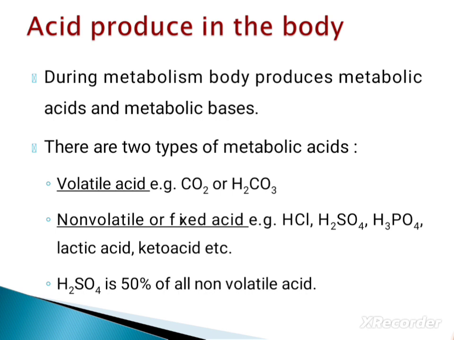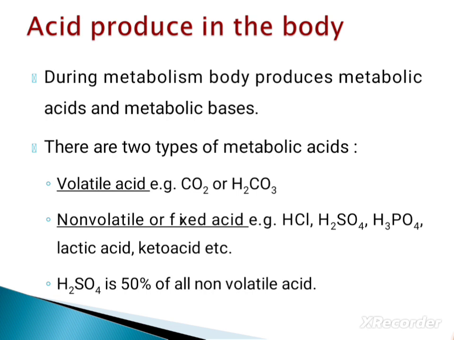Volatile acid that we can expel from our body is carbon dioxide. Why do we say carbon dioxide is an acid? Because if we bind carbon dioxide with one molecule of water, we get carbonic acid.